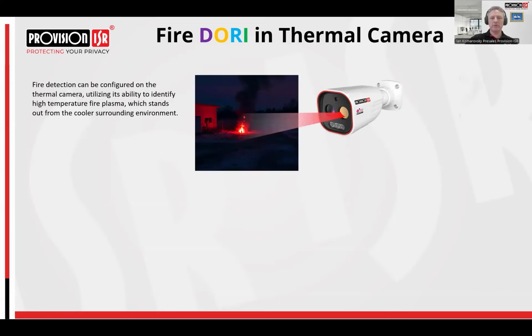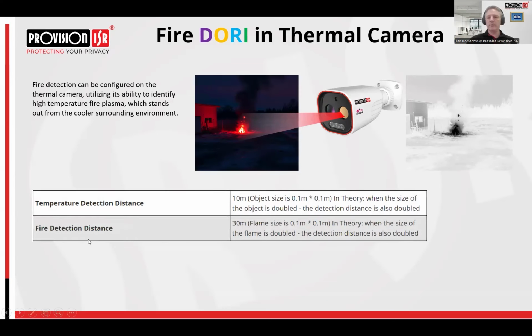This plasma should be detected by the camera, which knows that it's much warmer than the environment. Now, for that one, we have different lines in the data sheet. One is for temperature detection distance, which we are going to talk about a bit later in the next slides. The one that I'm talking about in this specific slide is fire detection.